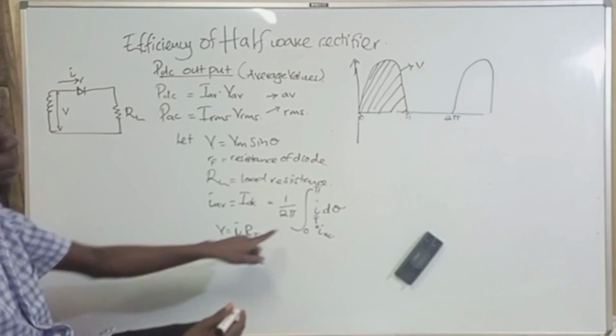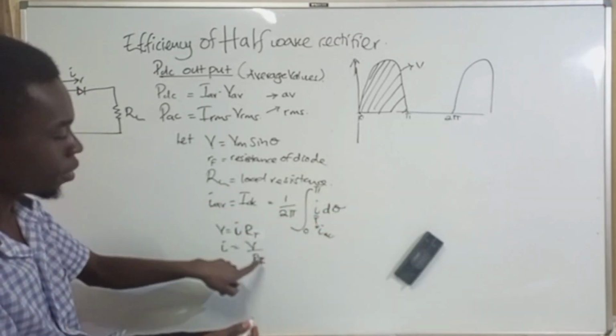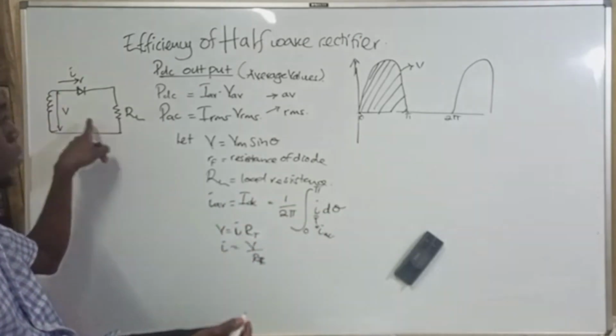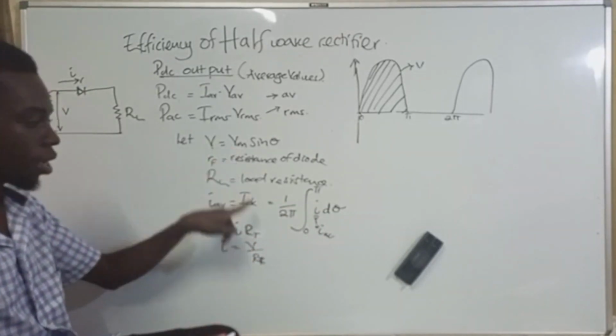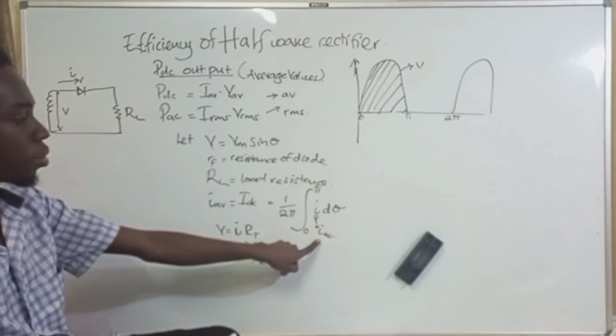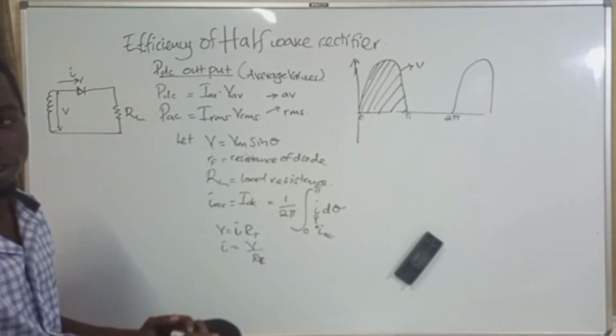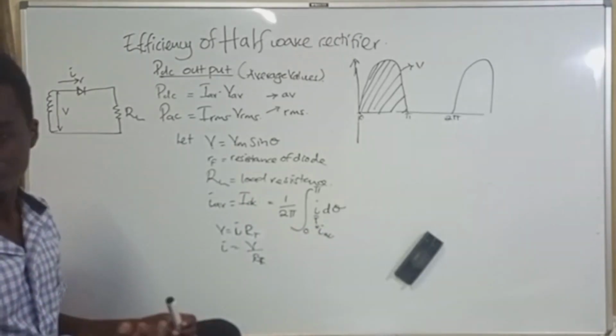So with that, I will have to substitute the value of i in this equation and the value of V, which is V equals Vm sine theta, into this particular equation to get an integrable form of this equation. Okay.